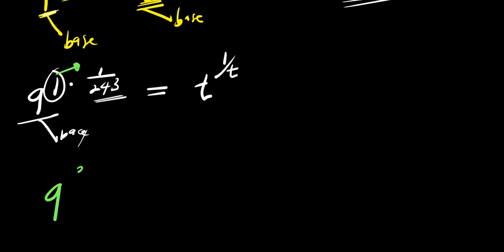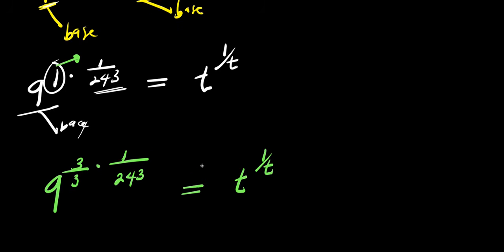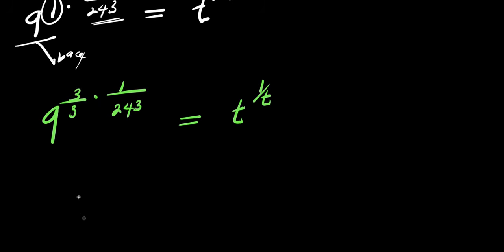I have 9 power 3 over 3 times 1 over 243, and this equals t power 1 over t. So I multiply 3 times 1, that is 3. I have 9 power 3 divided by 3 times 243. You have 243 times 3.